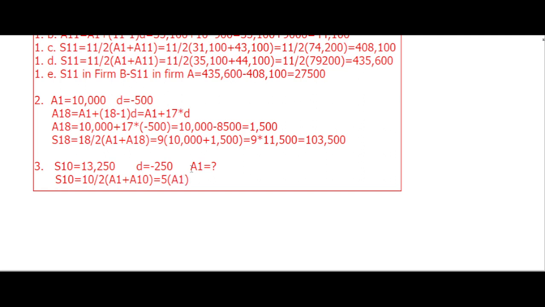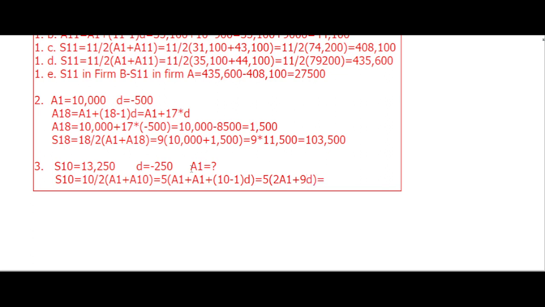A10 can be calculated using this formula, A1 plus 10 minus 1 times D. This is equal to 5 times A1 plus A1, 2 times A1, plus here 10 minus 1, 9 times D. 9D, that is 9D.